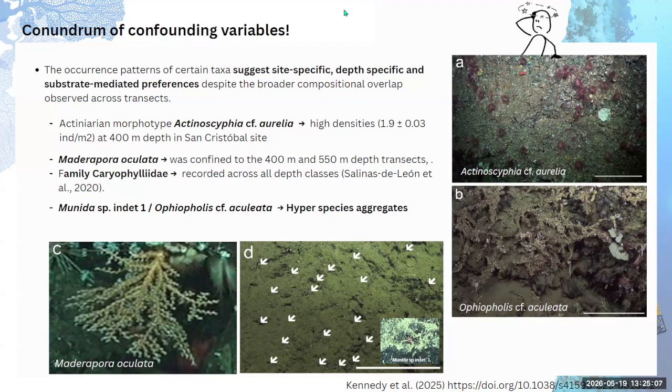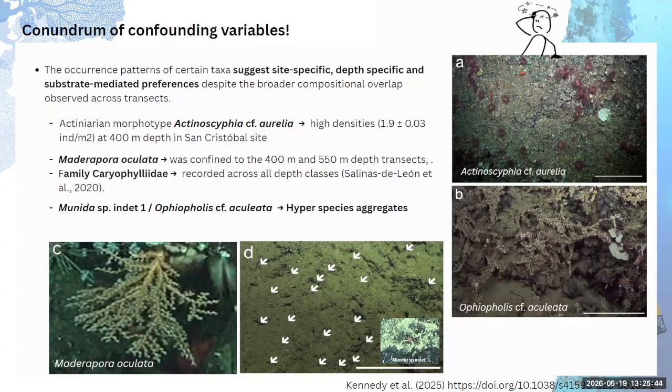And there's another interesting observation we noticed in image D. It's the Munida species, and they were in high densities, but they were inside these little cavities. So it is also noteworthy to highlight that terrain morphology is playing a crucial role in terms of species densities within these vertical wall structures.